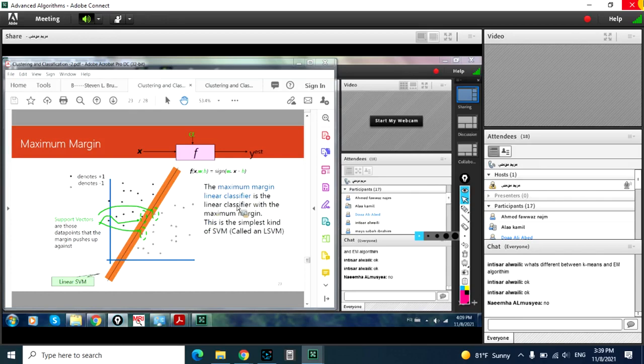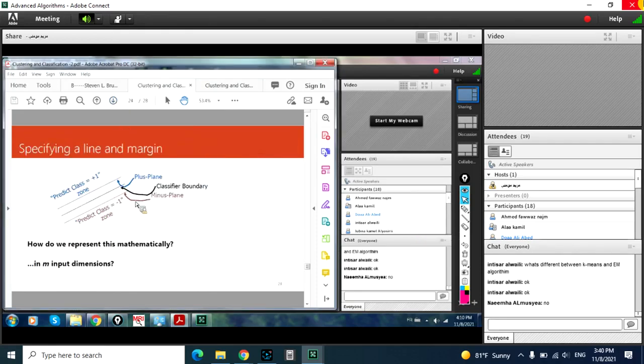The maximum margin linear classifier is the linear classifier with the maximum margin. This is the base of support vector machine, and because we have the linear classifier here, we call it linear support vector machine.